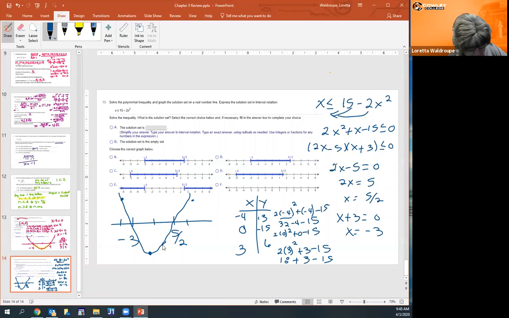So there's our parabola. Now, this time we want less than or equal. So we want below again. But it can be equal. So since it can be equal, we want the brackets from -3 to 5/2.